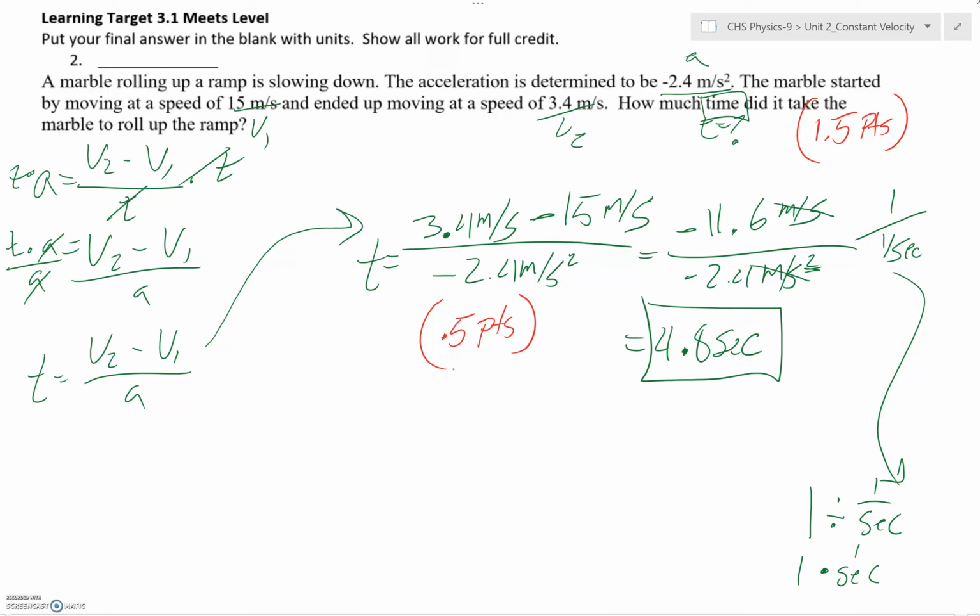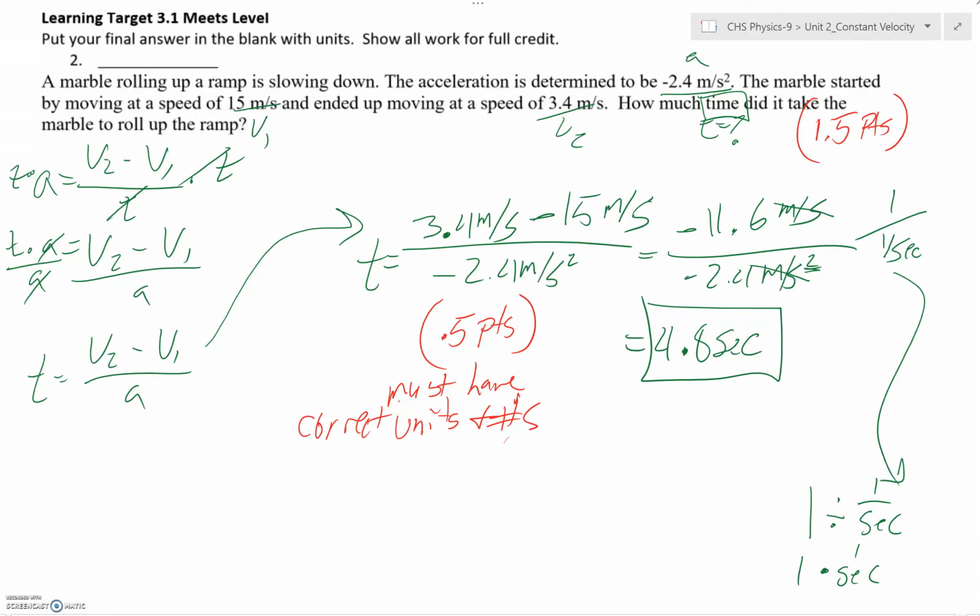I know before it was worth 3 points, but this is the way it's going to work out. And you must have correct units and numbers in order to get that half a point.